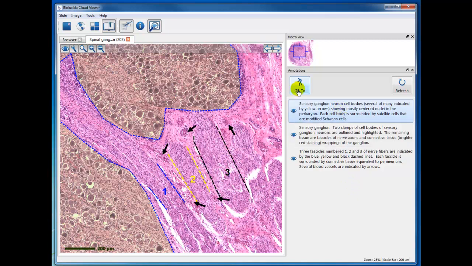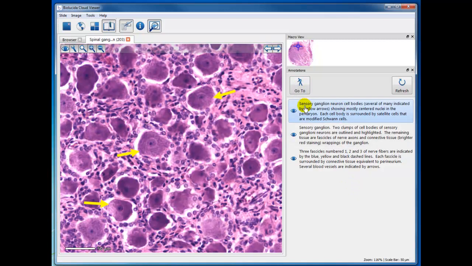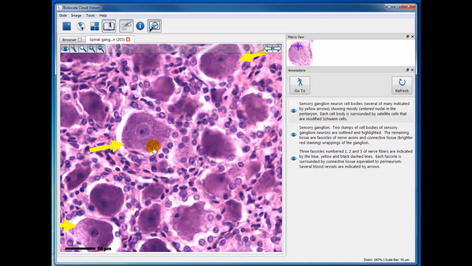If I click up here, then you will see the detail within that, and you see that most of the nuclei are in the center of the cell, and you can see, if I enlarge this a bit more, the patches of blue and lighter blue or pink, and that's the clumps of the endoplasmic reticulum.